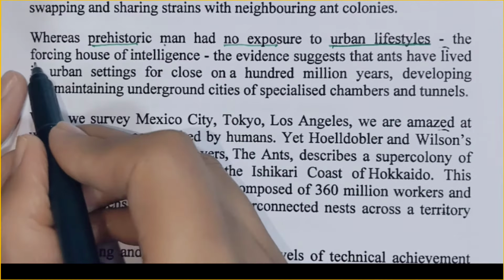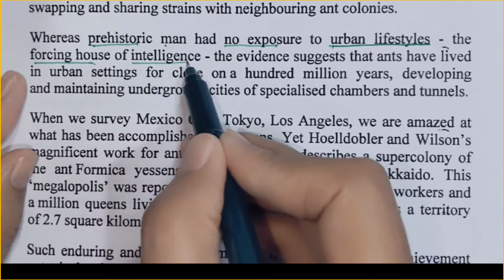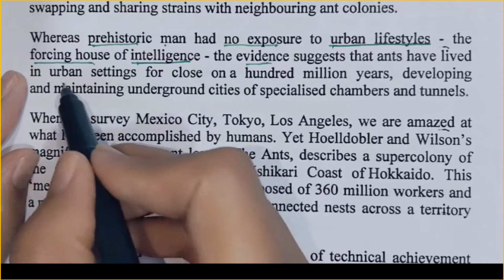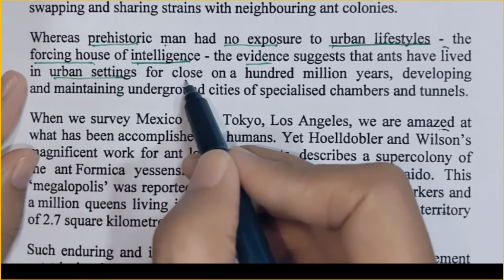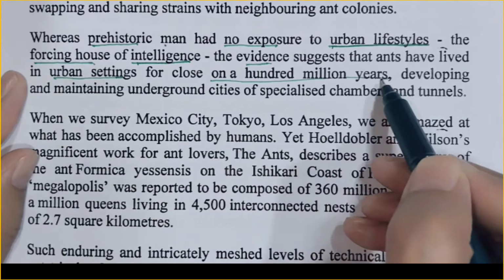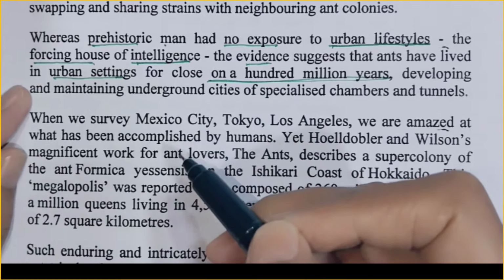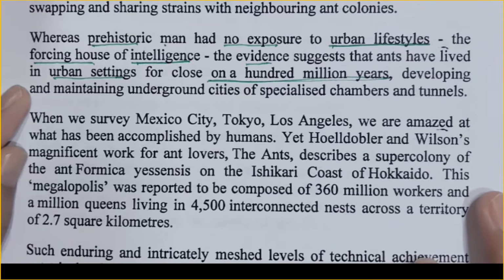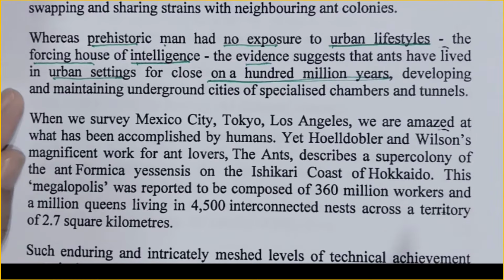The evidence suggests that ants have lived in urban settings for close on 100 million years. Ants are living in urban housing societies for close on 100 million years. It means ants are living in more historic urban societies than human beings. So prehistoric man was not having any exposure to urban lifestyle.